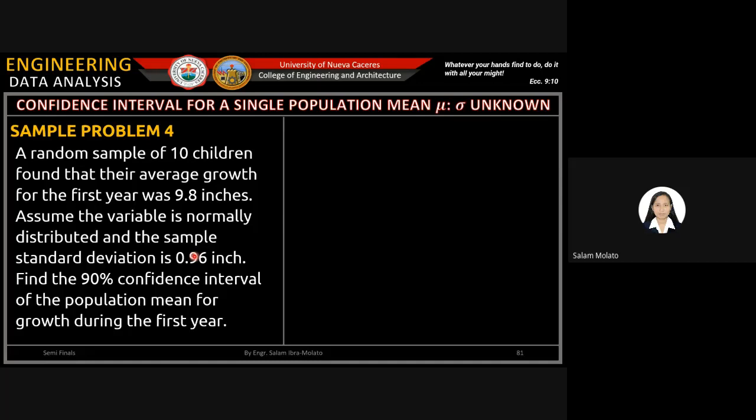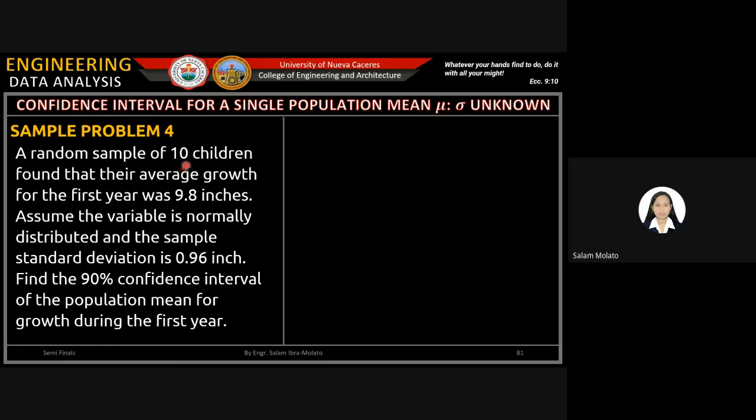Another na palatandaan is what is N? What is the value of N? So, the value of N here is only 10, meaning that is lower than 30. Again, kapag ang N is lower than 30, you can use the T-score, or T-distribution. Naintindihan po? Alright.